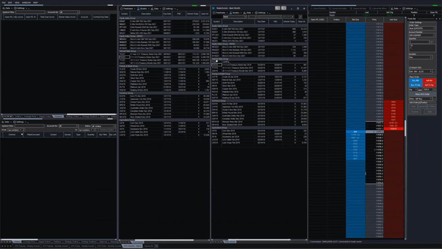You guys correct me. FV Z21, TY Z21, and US Z21. So now we have the front month and we have the back month.